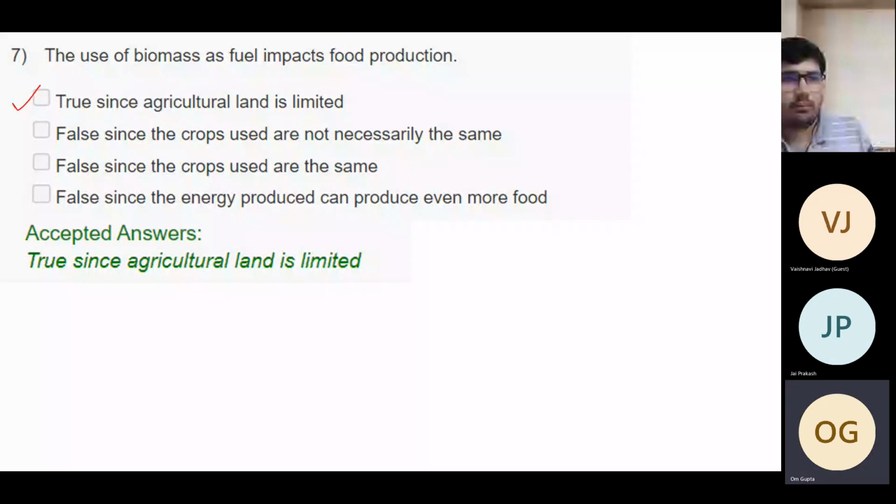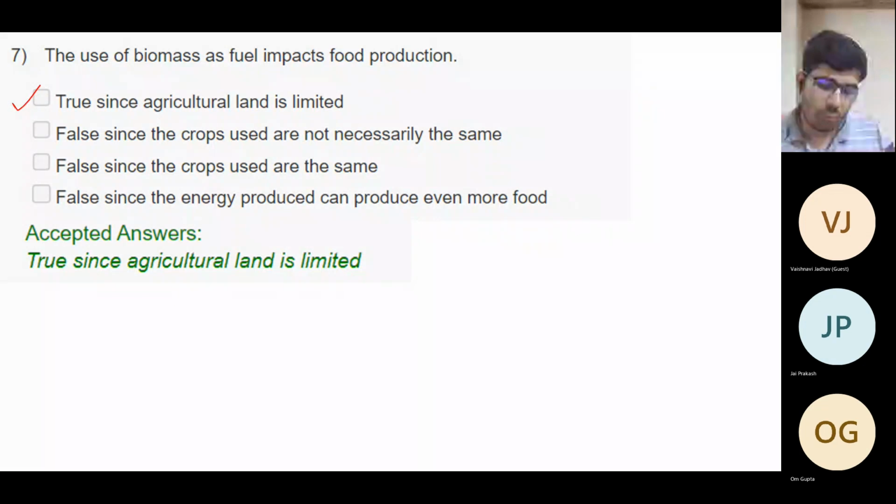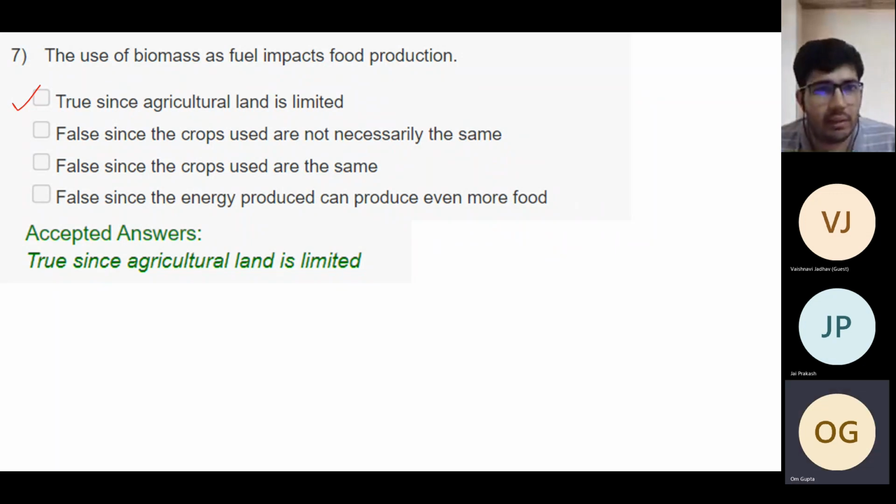Sorry? Existence of biomass plant. No, it's not in such a way. Actually, if you search about this, in foreign countries some farmers are only cultivating for energy production. Okay. They are not selling their grains to food production.